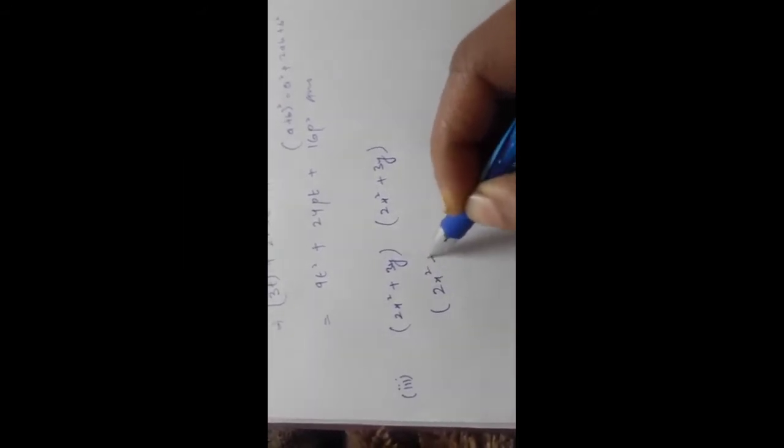So let's move to the third part. The third part is 2x square plus 3y, 2x square plus 3y. So we will write it as 2x square plus 3y whole square, which would be equal to 2x square, which is itself a, so we have to write it whole square. 2x square whole square plus 2 into 2x square into 3y plus 3y square, that is b, and this is 2ab.